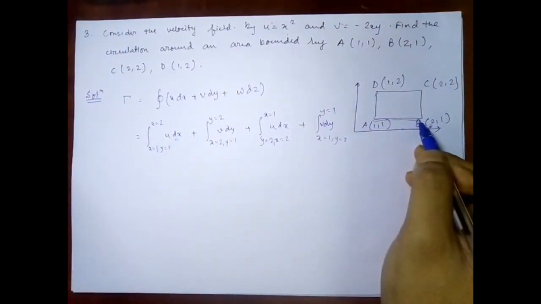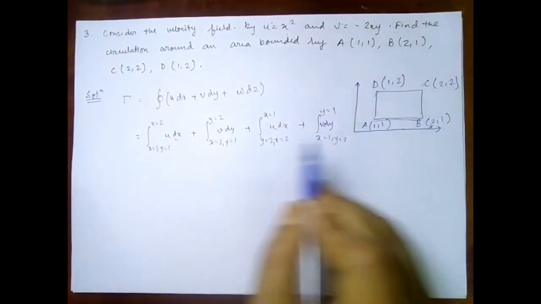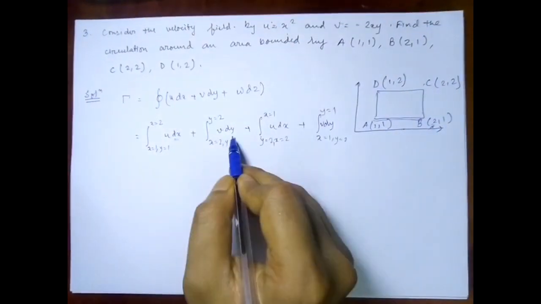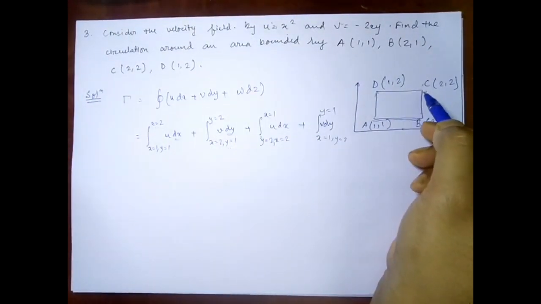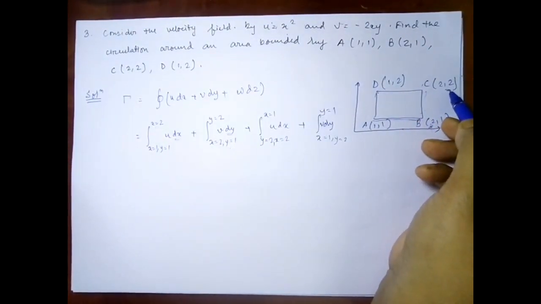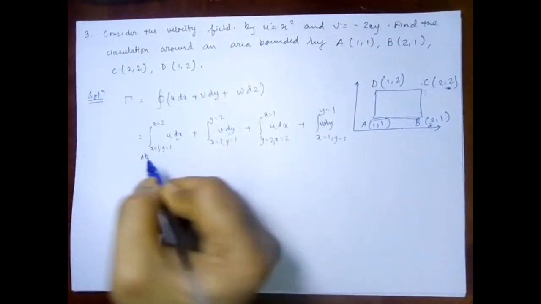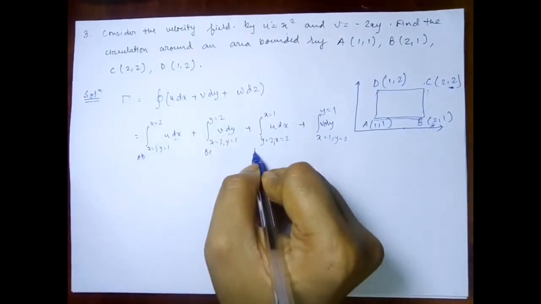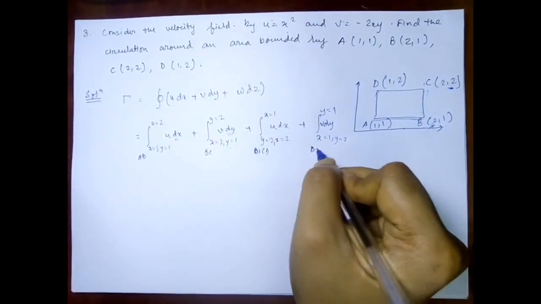So this is for ab. Next, from b to c it will be x equal to 2 and y equal to 1, and since the integral is of y derivative, it will be y equal to 2, because at c the y coordinate is 2. This is for ab, this is for bc, this is for cd, and this is for da.